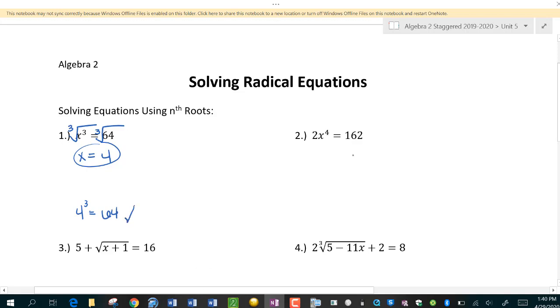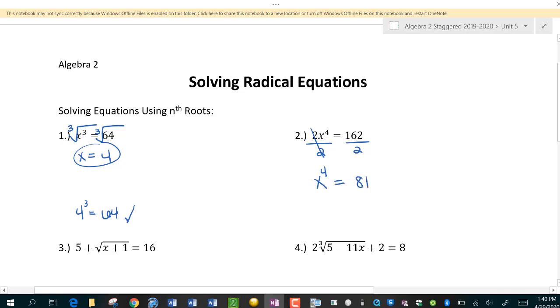Number 2, we have 2 times x to the power of 4 equals 162. So like any other equation, you want to start by isolating. So in order to do so, I'm going to divide both sides by 2. So I end up with x to the power of 4 equals 81.